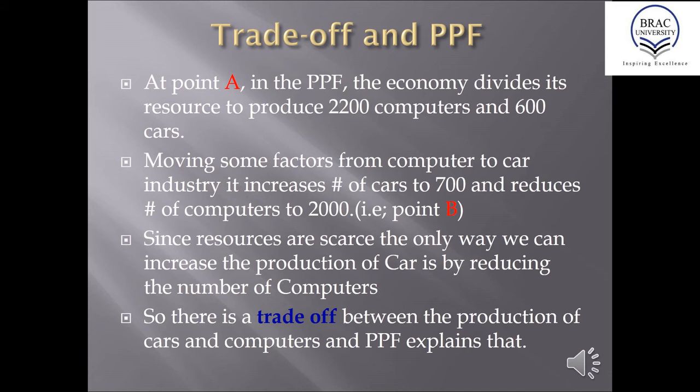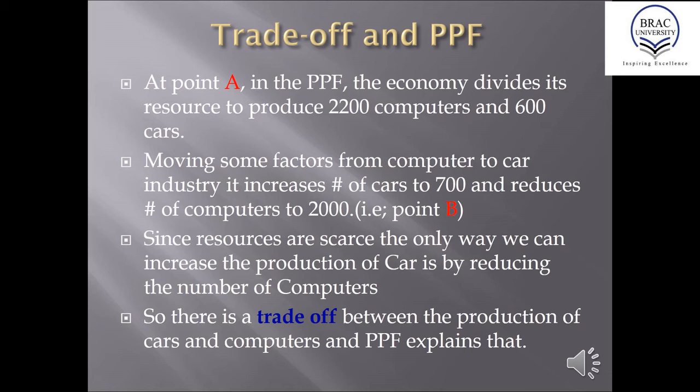At point A in the PPF, the economy divides its resources to produce 2200 computers and 600 cars. Moving some factors from the computer to the car industry, it increases the number of cars to 700 and reduces the number of computers to 2000. Please go back and check point B.